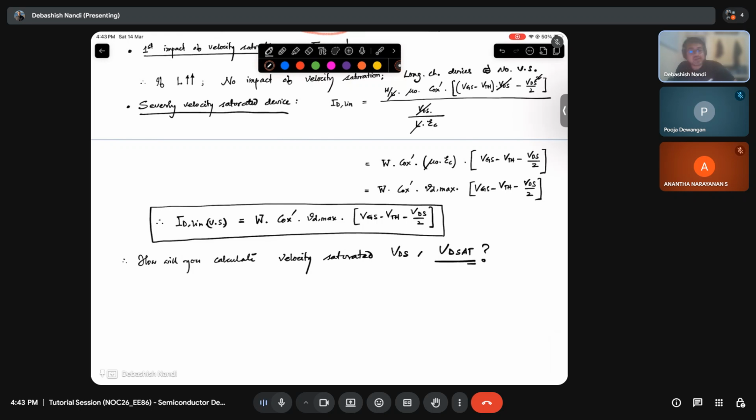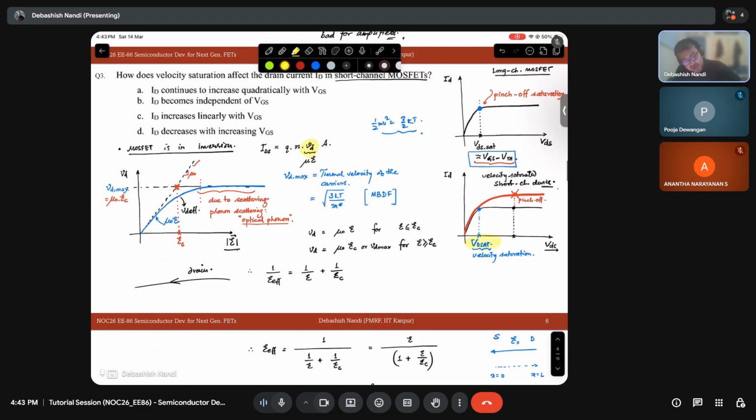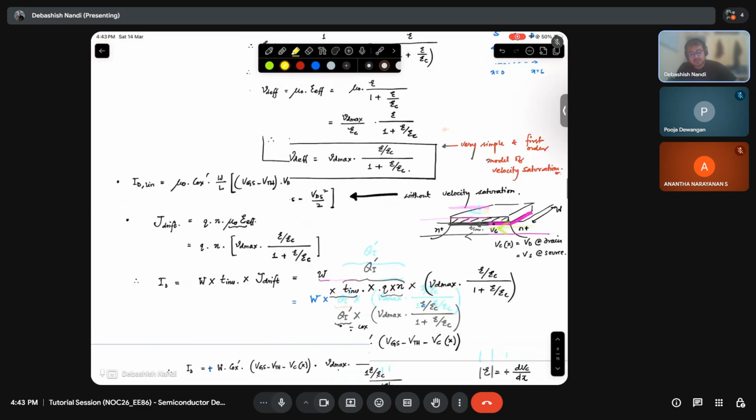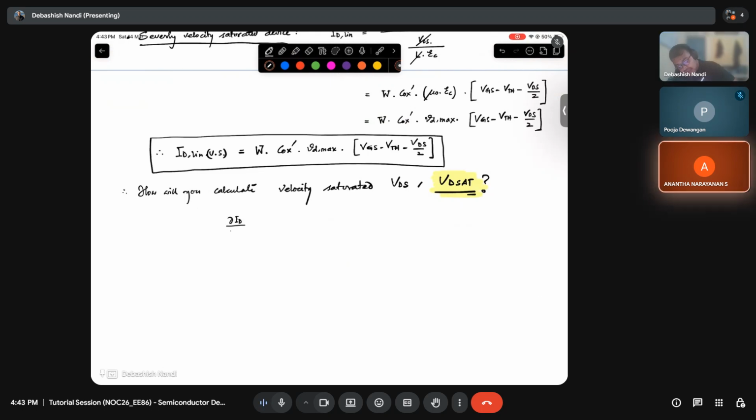How did you calculate that pinch off saturation point? If you remember, basically, how do you calculate this point? Again, the same trick, right? Yes, sir. I will set my dID by dVDS equal to 0 and then compute my VDSat.